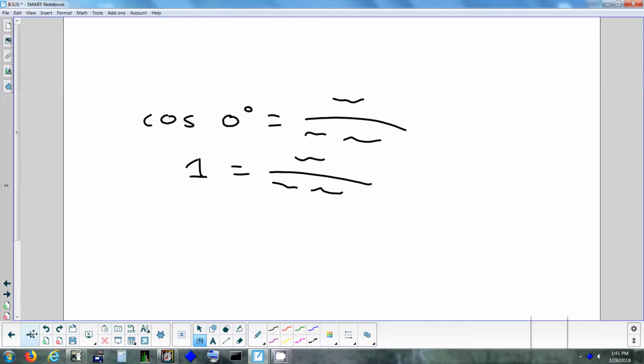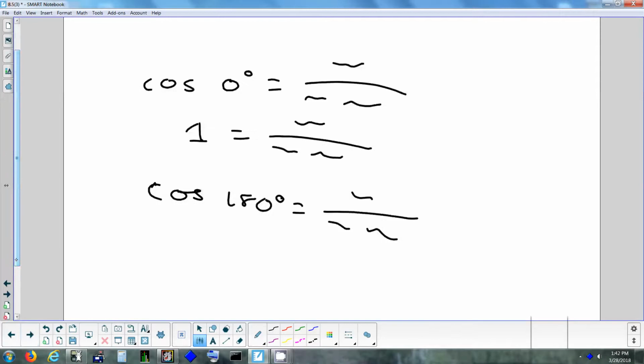Okay, the other situation you could have is something like this. The angle could be 180. If the angle between them is 180, that fraction will come out to -1. That's the cosine of 180. How does that fraction come out to -1?